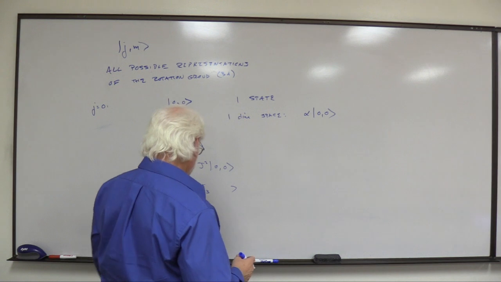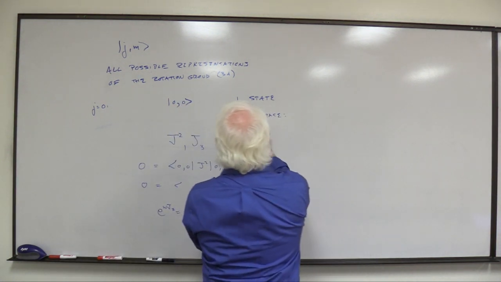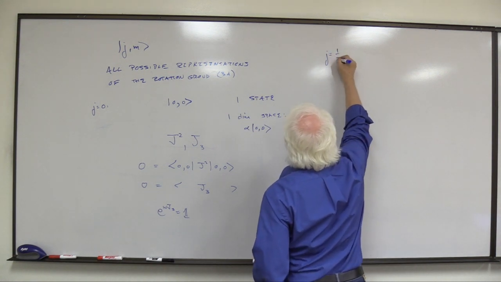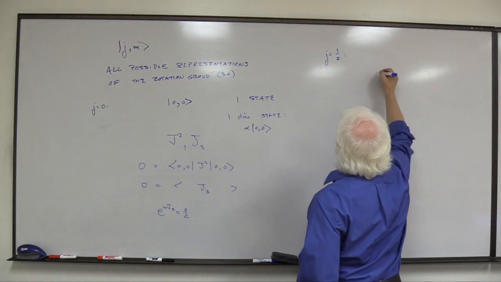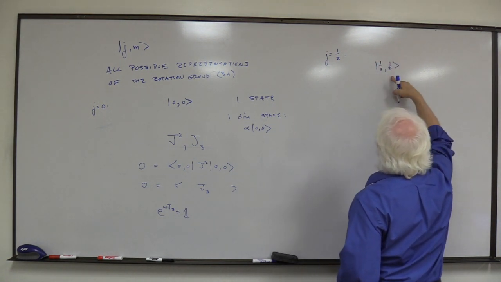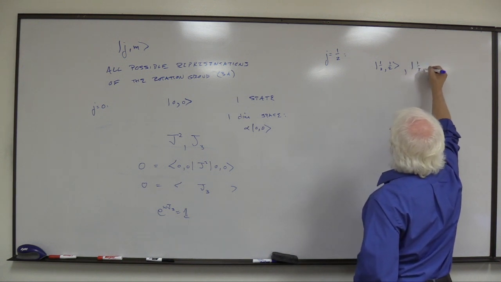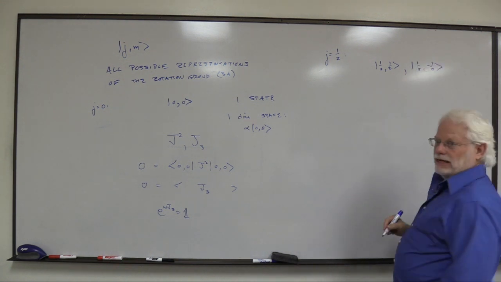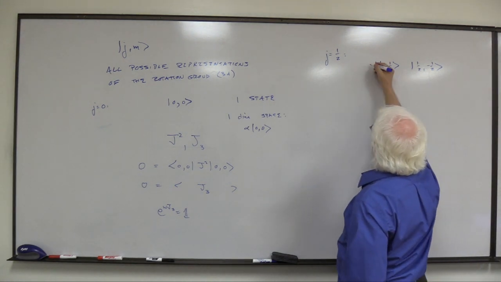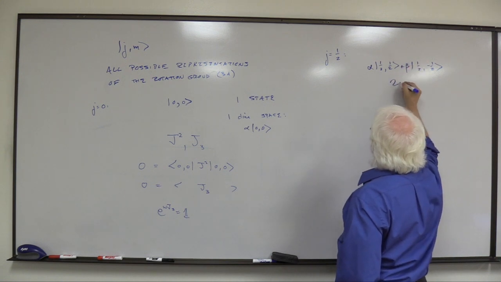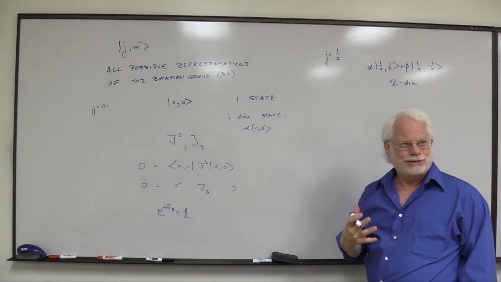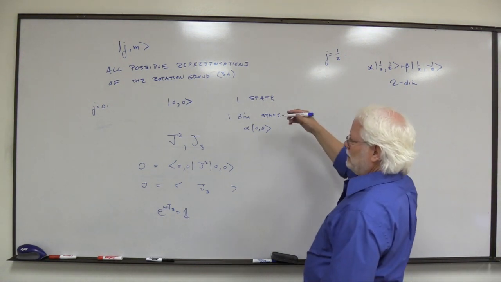Let's go to something more interesting. Let j equal the next value, 1/2. Then we have 1/2, 1/2, and we lower that, and we have 1/2 and minus 1/2. Those are the basis states. Then any linear combination of those gives us a two-dimensional space, and we should get a two-dimensional representation of our J3 and J squared.